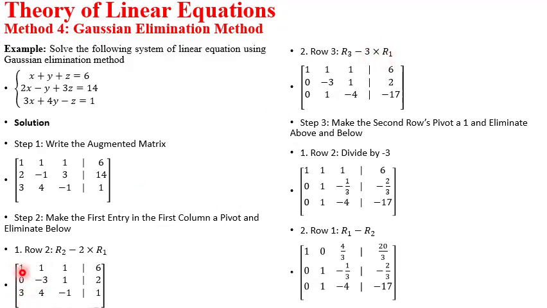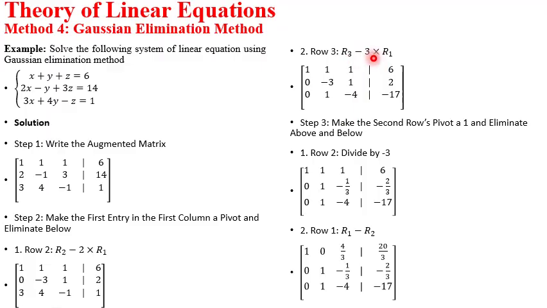So 3 times row 1 is 3 times 1. That's 3, and 3 minus 3 will give you 0. So new row 3 is row 3, which is 4, minus 3 times row 1. 3 times 1 is 3, and 4 minus 3 will give us 1. Also, minus 1 minus 3 times 1: 3 times 1 is 3, so minus 1 minus 3 is minus 4.